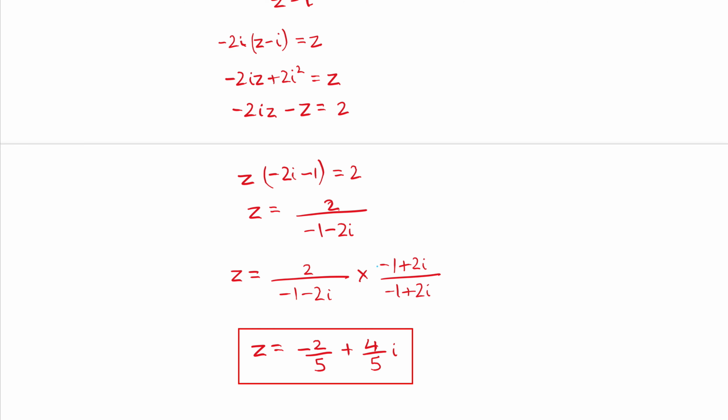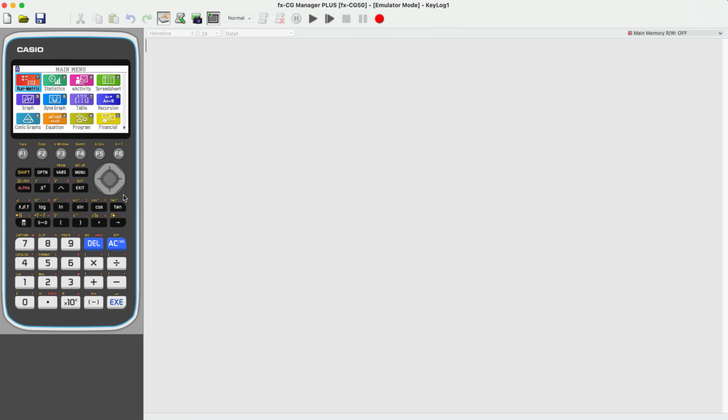So now to evaluate this, we can use our calculator. So if we go to run matrix option 1, and we need to enter the complex number. Now this is 2 upon -1 -2i multiplied by (-1 plus 2i) upon (-1 plus 2i).